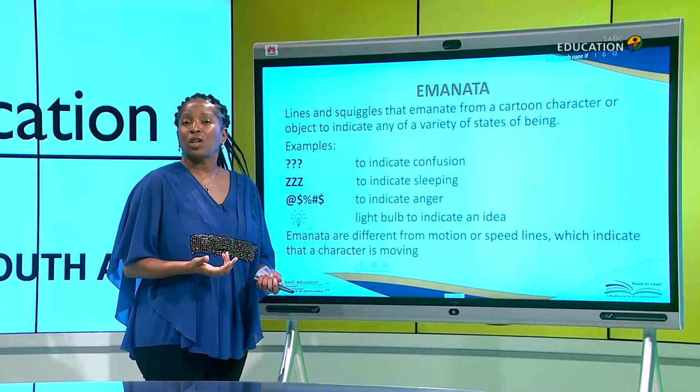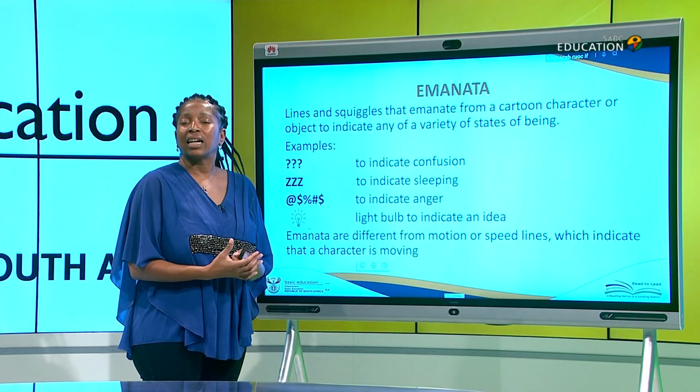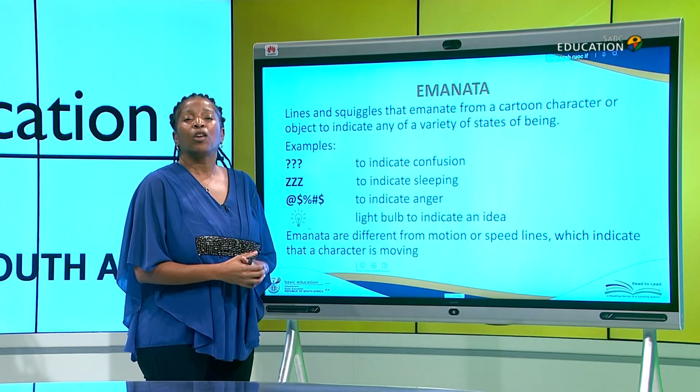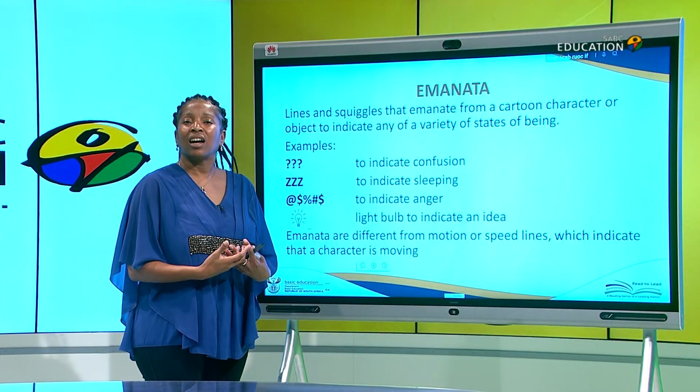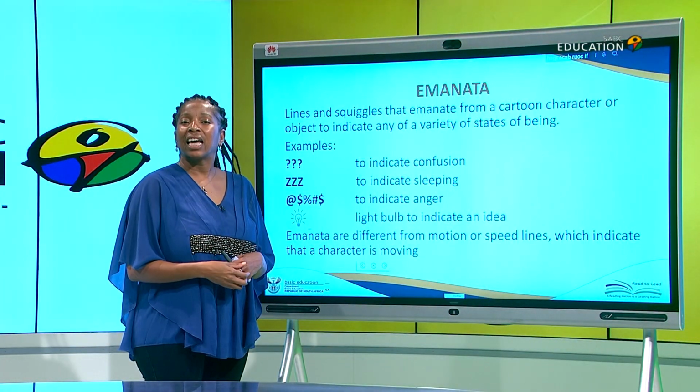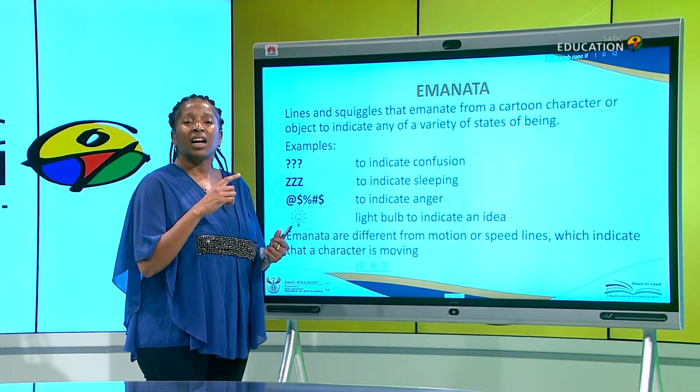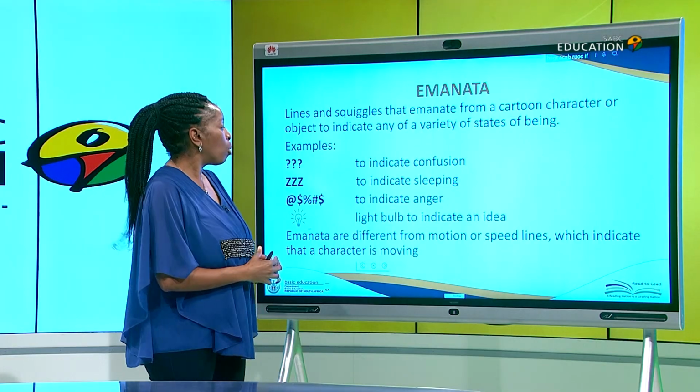Some cartoon characters will close their eyes and lay their head down. But how do we know that they are sleeping? You will find that there's an emanata of a Z on their head. Sometimes it's just 1, other times it's maybe 3 or more.